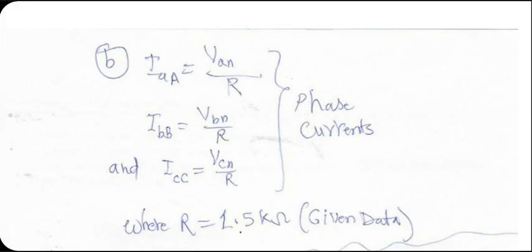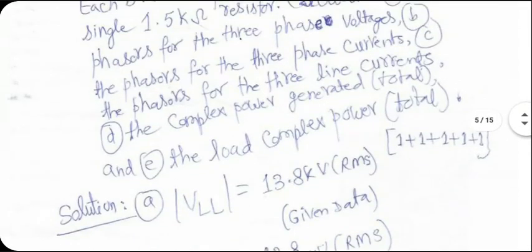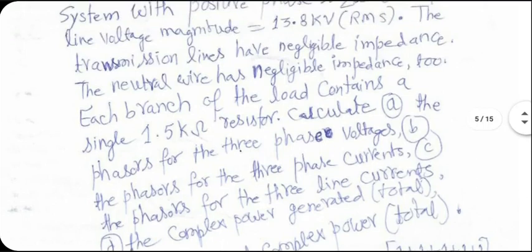The phase current in A is I from small a to capital A. So I'm writing it I small a capital A. You could write it I small a or I capital A also. It would simply be VAN divided by R. The load is purely resistive. So just take the value of resistor that is given to you. That's why frequency information is not necessary here.